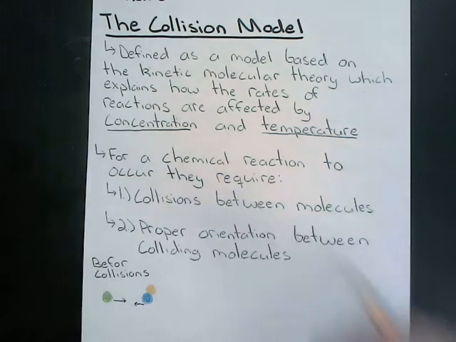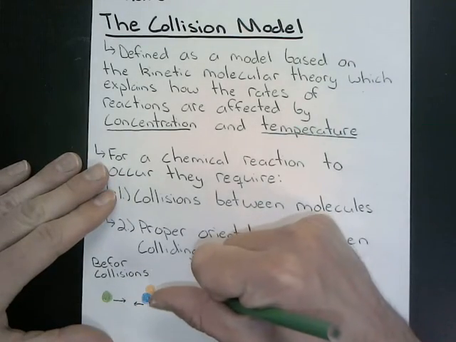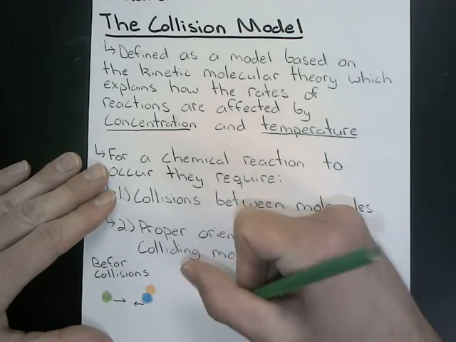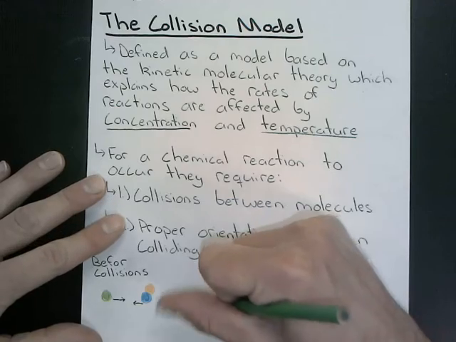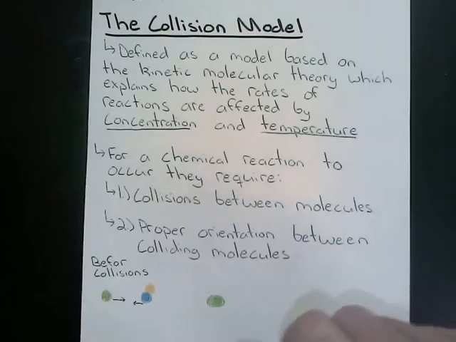So I'm just going to draw arrows that show these molecules are going to smack into each other. Now, during the collision, we'll draw this next picture here where our green molecule has run into the orange and blue molecule.